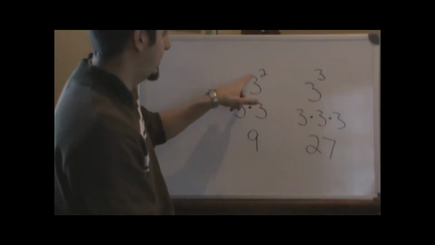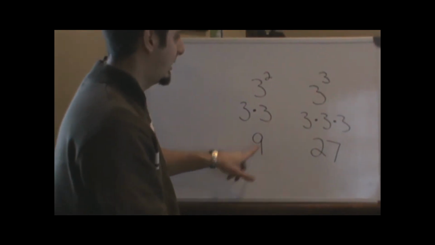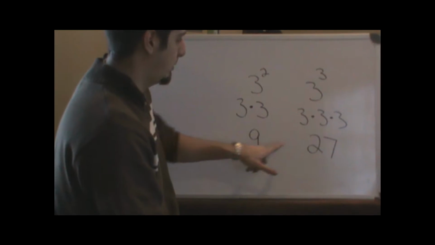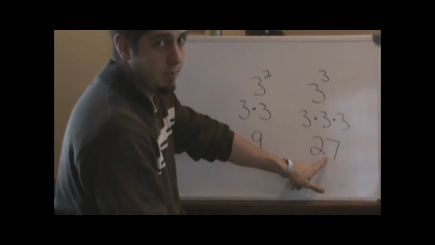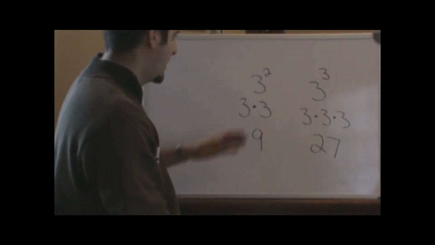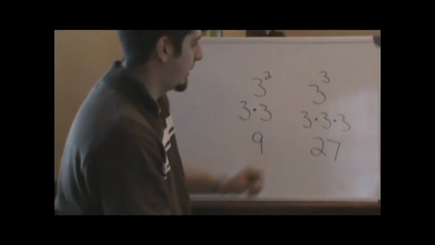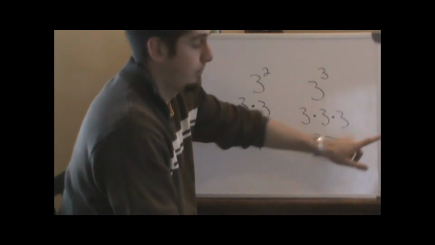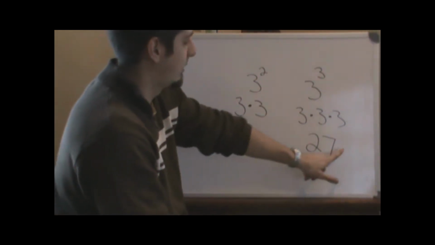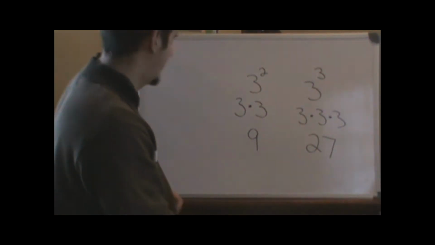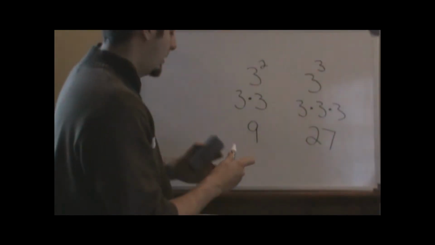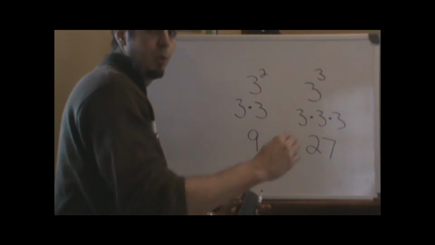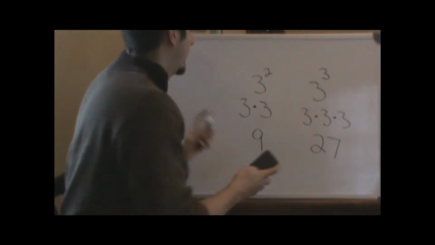So my answer of 3 to the second power is 9. 3 to the third power would be 9 times 3, which is 27. So if I did 3 to the fourth power, I could add a fourth times 3 on the end of this, or I could do 27 times 3. So as we move up an exponent, we multiply by 3.